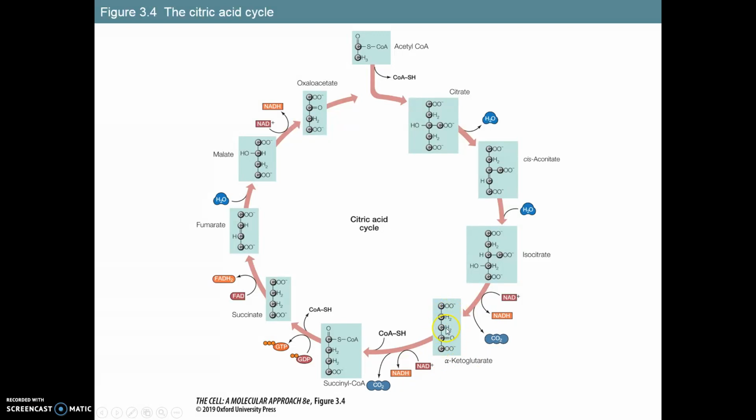All right, so once we've achieved that, we now have alpha ketoglutarate. That compound can essentially go through the same type of reaction where we bring in NAD, we steal 2 electrons with its hydrogen off of one of these carbons. That is going to result in CO2 leaving, and we're going to utilize this to again bring in a CoA molecule to achieve this right here, which is succinyl-CoA.